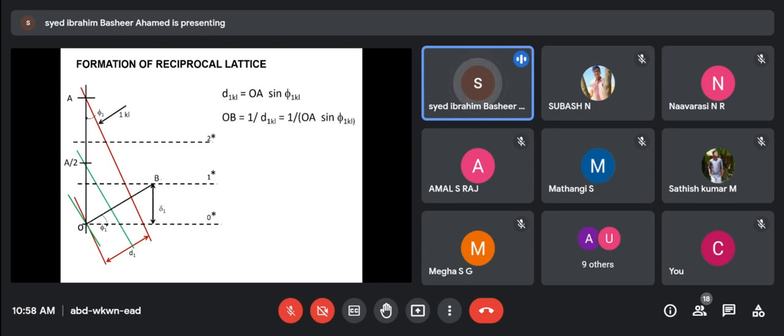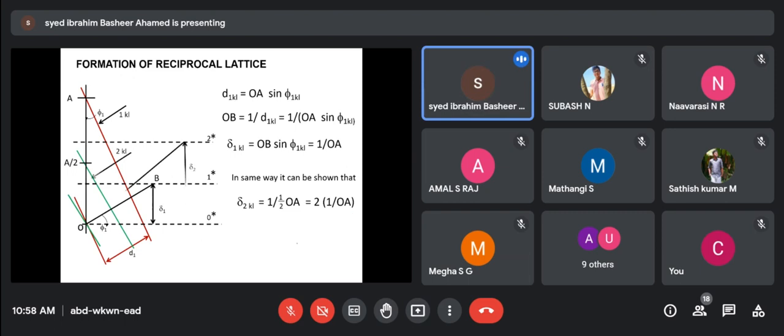Then OB is equal to 1 by d1kl, which is equal to 1 by OA sin phi 1kl, and delta 1kl is equal to OB sin phi 1kl, which is equal to 1 by OA. In the same way, it can be shown that delta 2kl is equal to 2 times 1 by OA, and you can do the same for other orders.